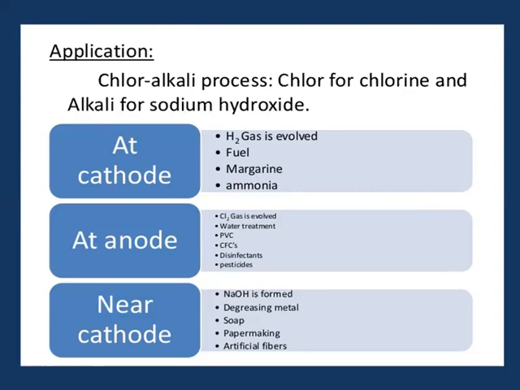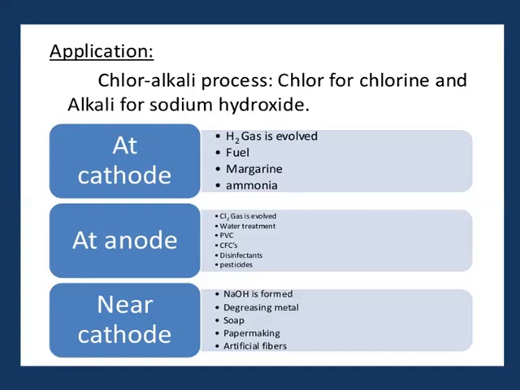The raw material sodium chloride then gives us three main products. During electrolysis, it gives hydrogen gas at cathode, chlorine gas at anode, and sodium hydroxide near cathode.